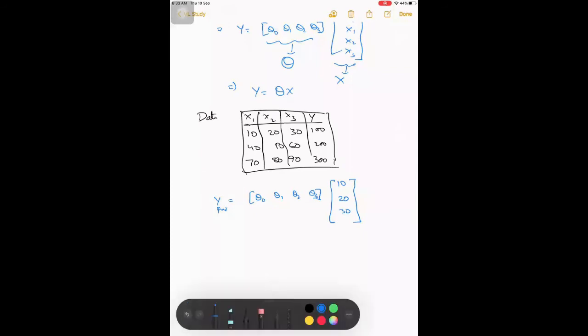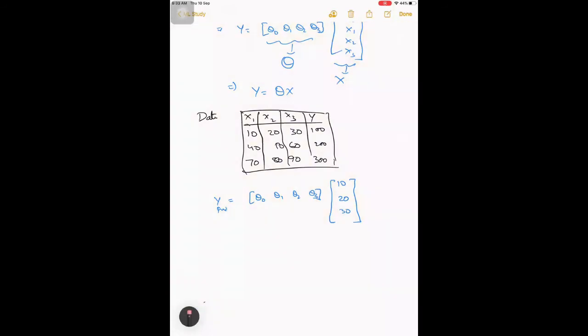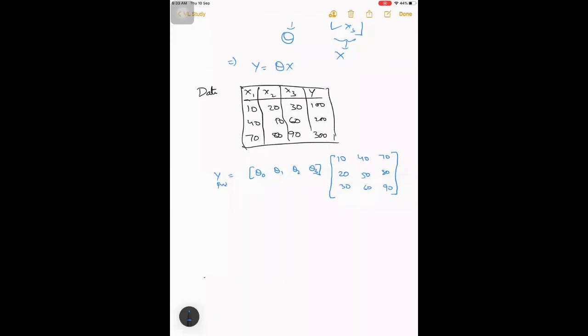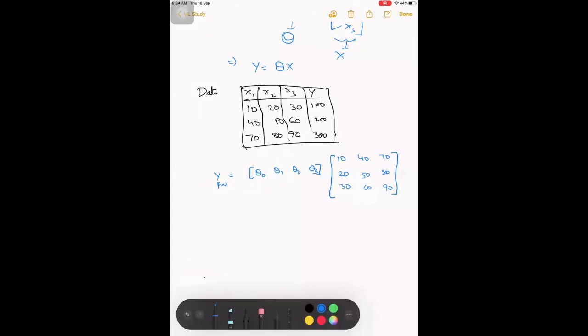In case, let me do one thing. I'll also add other values here: 70, 80, 90. Let's observe what will happen. This multiplication won't be possible because you need one more column here, which is 1, 1, 1, as x naught. So let's add that part.